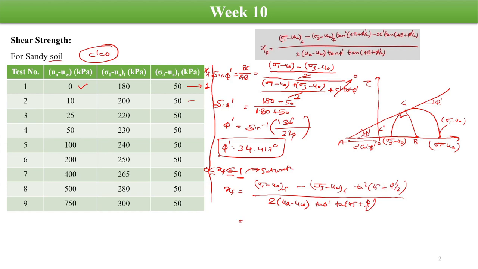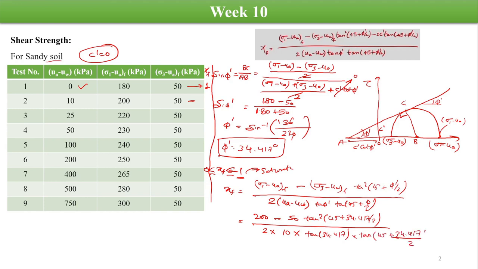So we have sigma 1 minus ua as 200, sigma 3 minus ua as 50. Then tan square of 45 plus 34.417 divided by 2. In the denominator, 2 times suction value 10, into tan 34.417, multiplied by tan 45 plus 34.417 upon 2.